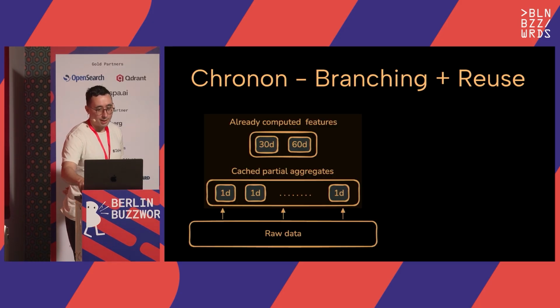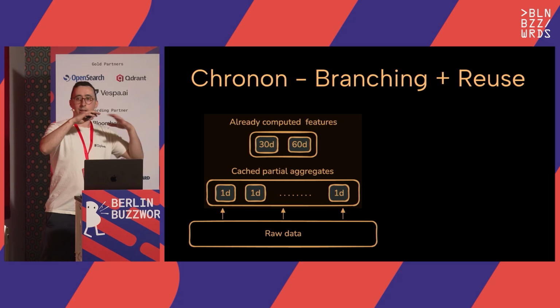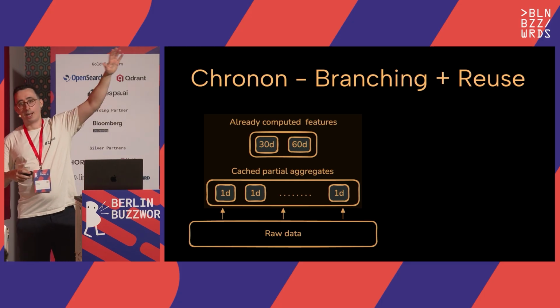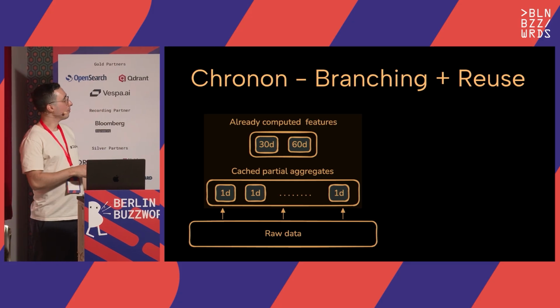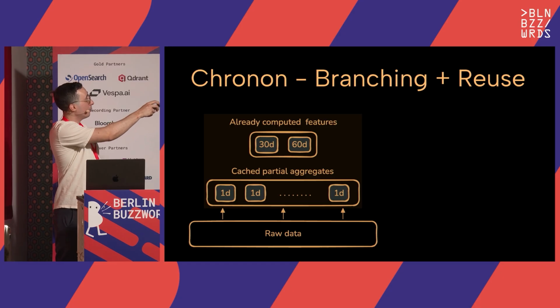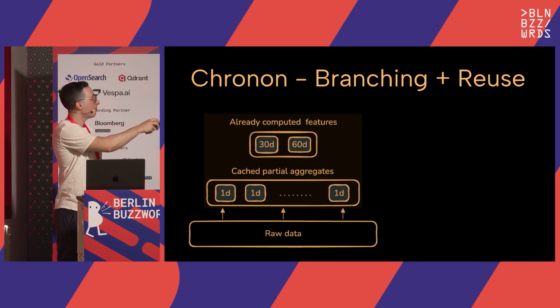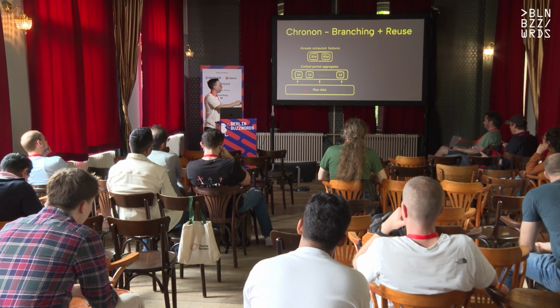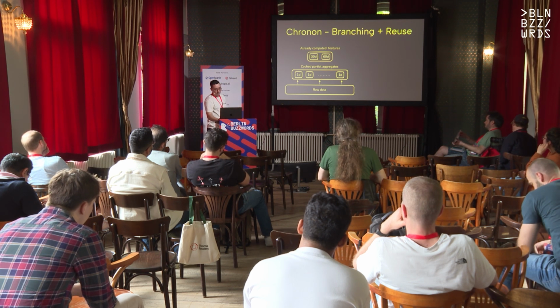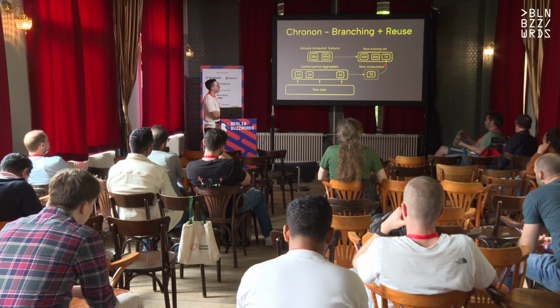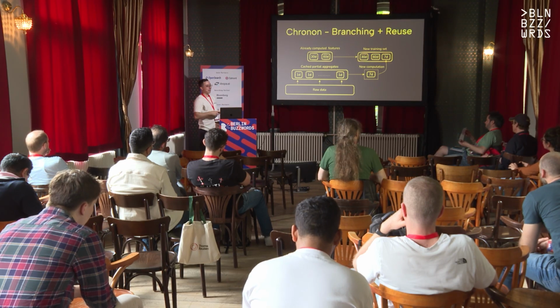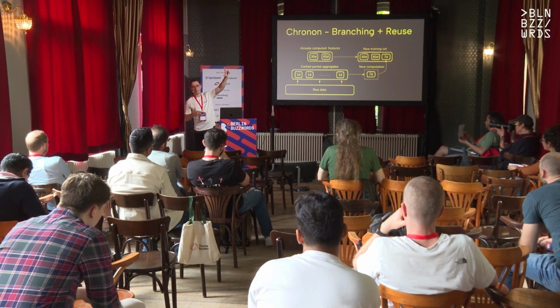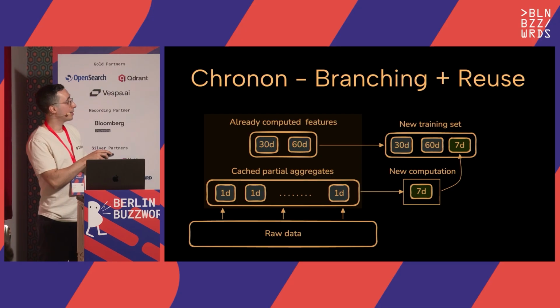Under the hood, when you actually issue that backfill to Chronon, the compute engine is going to start with something like this. We have 30 and 60-day features already, and then we have these cached partial aggregates, which we talked about before, computed off of raw data. We have this new feature 7, and it's going to automatically detect, based on the semantics of the feature set the agent is requesting, that 7 is the only new one.